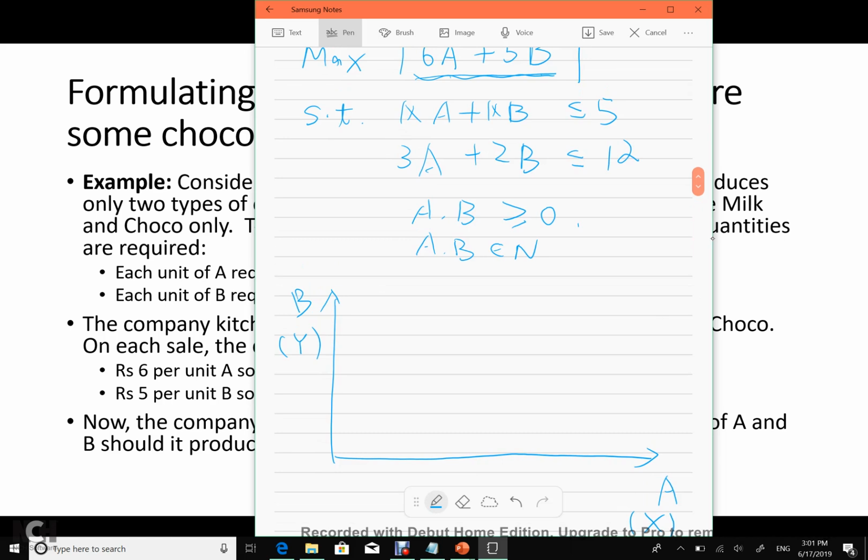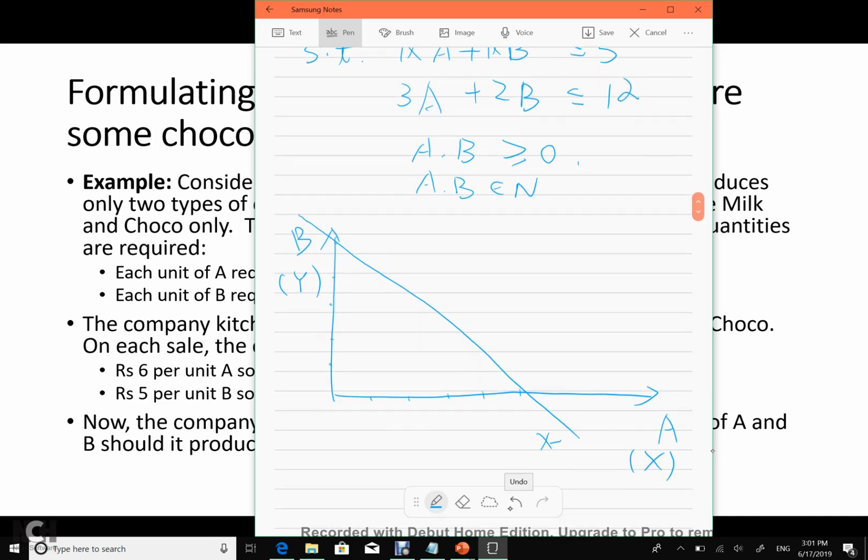We want A plus B smaller than or equal to 5. First, let's emphasize equal to 5, right? This is a line.